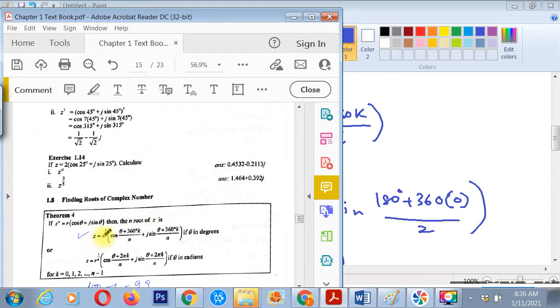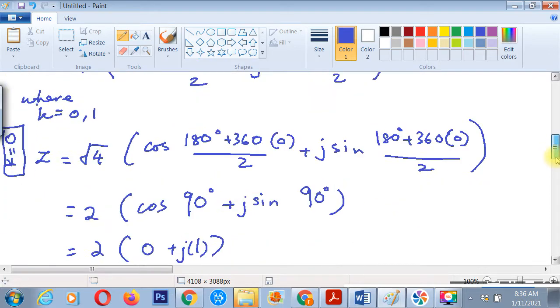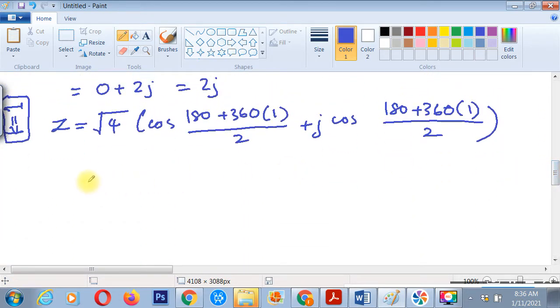So we will have this equation, and then k equals to 0, 1, 2 until n minus 1. Now our n is 2, so 2 minus 1 is 1, so we will stop at 1. So that's why we have this.